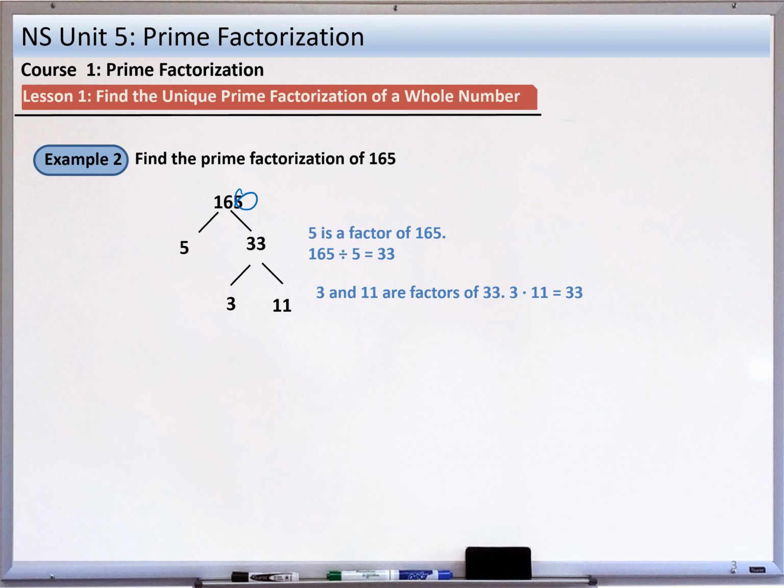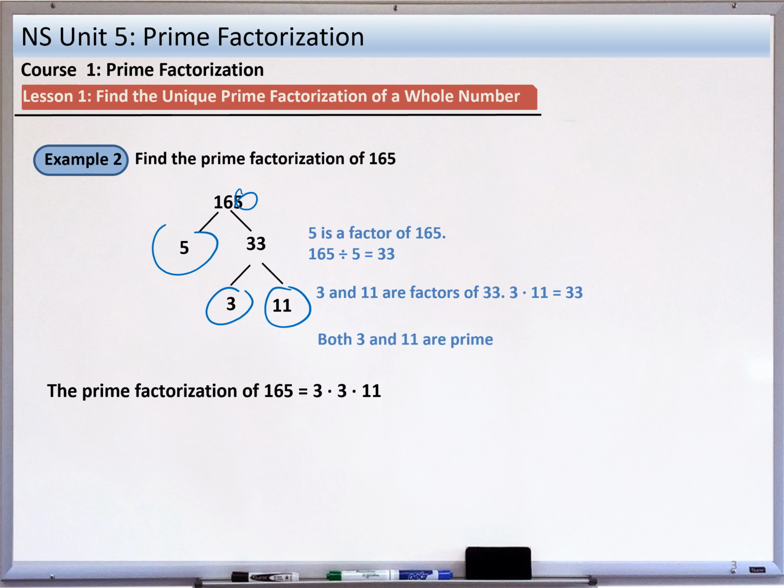I can divide 33 by 3. 33 divided by 3 is 11. 11 is a prime number, so I'm done. The prime factorization of 165 is 3 times 5 times 11.